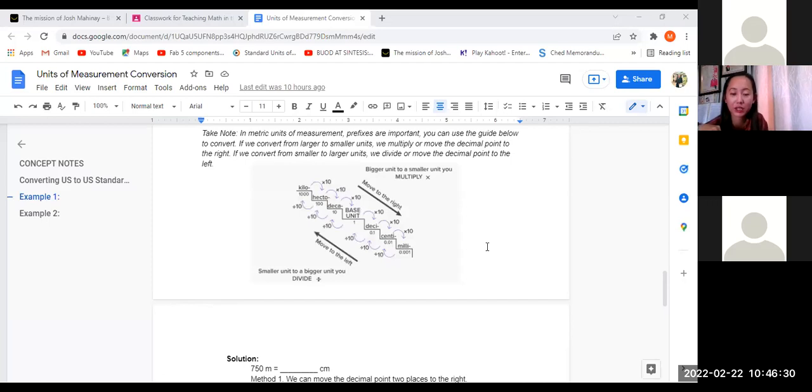Liters, right? So we can use the prefix kilo: kiloliter, hectoliter, decaliter, liter, deciliter, centiliter, and milliliter. But we just often use the liters and milliliters, right? So bihira natin gamitin ang kiloliters because that's a lot of volume na. So we are just using milliliters and liters.